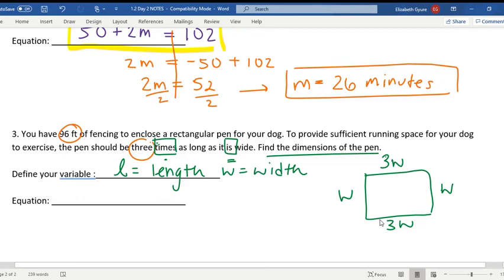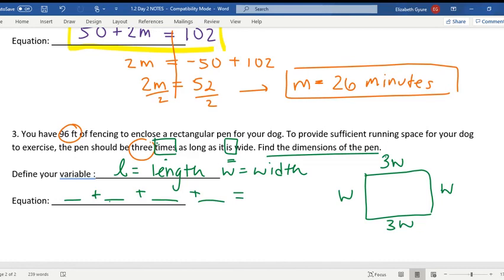No, so you don't actually have to multiply anything. We're just going to add up all of our sides. Okay? So how many sides does a rectangle have? 4. So how many sides do you think you're going to have to add together? 4. So we're going to give ourselves a little fill in the blank. We're going to have 1 plus another plus another plus another, because you want to add up your 4 sides.